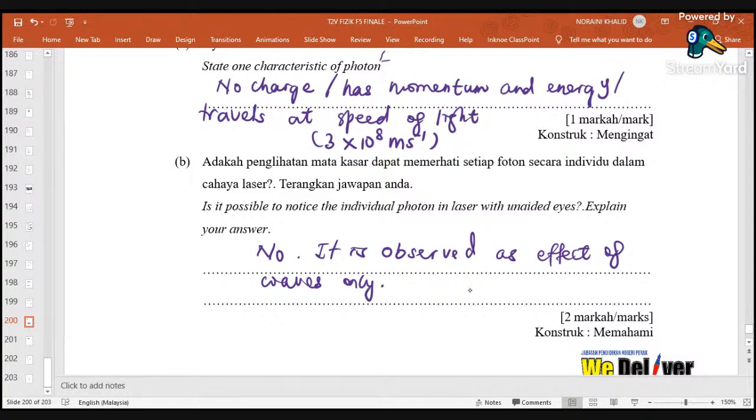So with unaided eyes, we can only observe the photons acting as a wave overall, not as particles. We cannot observe that.